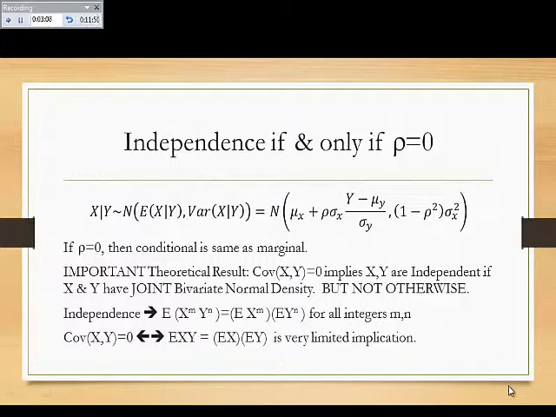But in the normal case, if just one of them holds, then all of them hold. But in general, independence means that this condition holds for all integers m and n, and so you cannot conclude from any one of them holding that all of them will hold. So independence is a much stronger condition than covariance 0. But in the joint normal case, the two are the same.